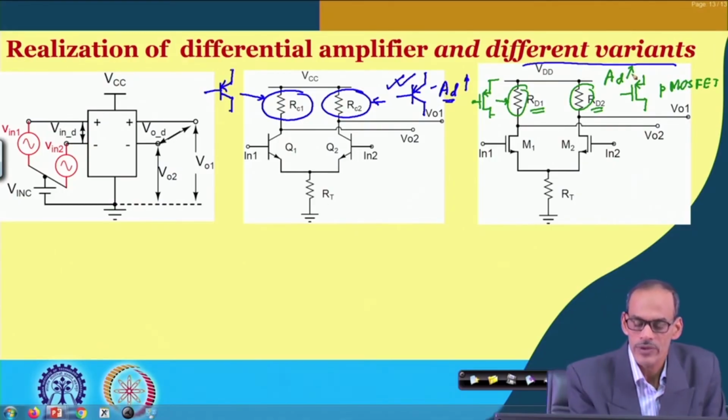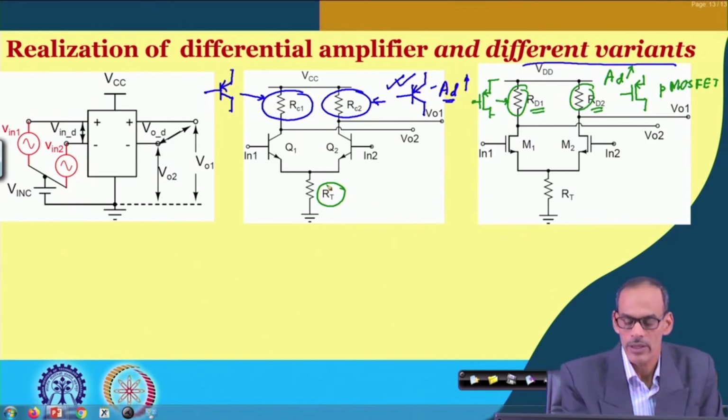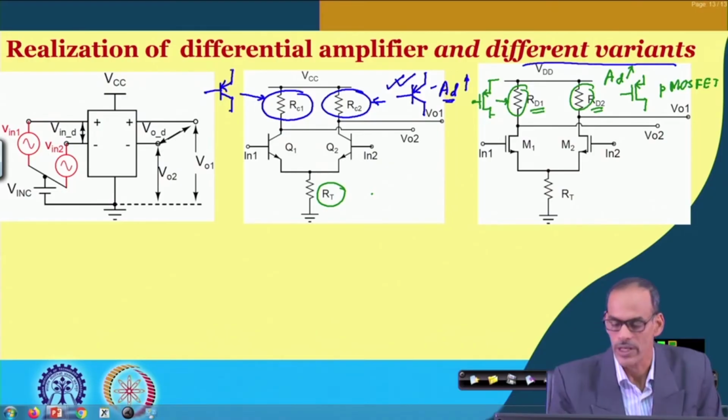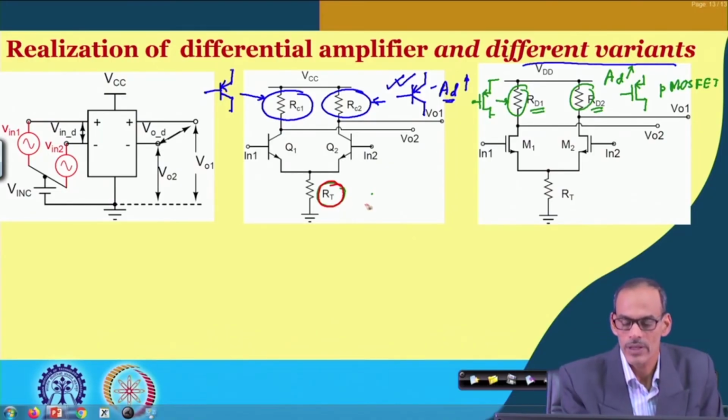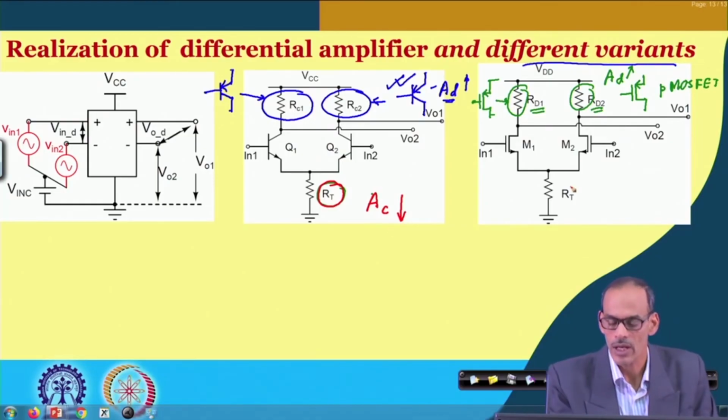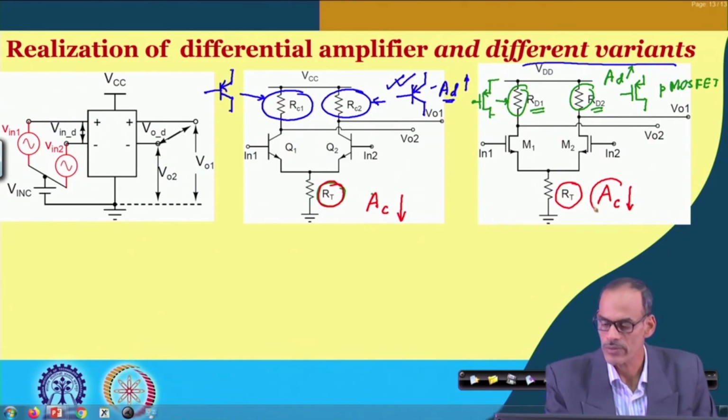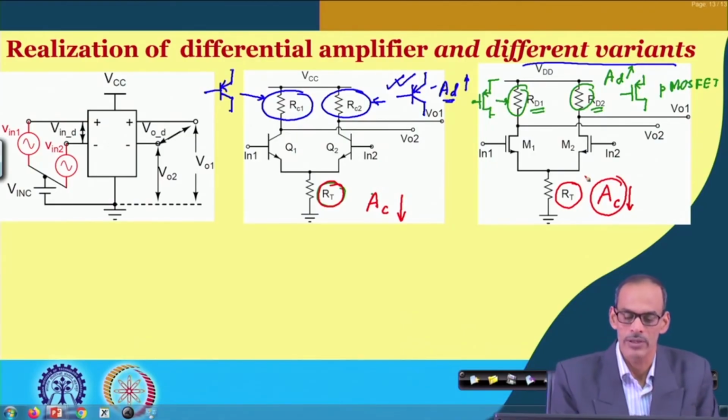On the other hand, if you consider this resistor R T, its role is to decrease the common mode gain. Not only does it work as a bias circuit, but it helps to decrease the common mode gain. We will see how this is achieved, but the higher the value of this R T, the smaller the corresponding common mode gain.